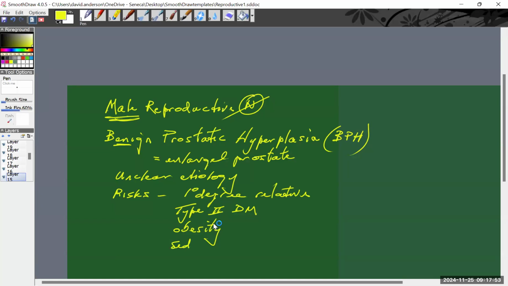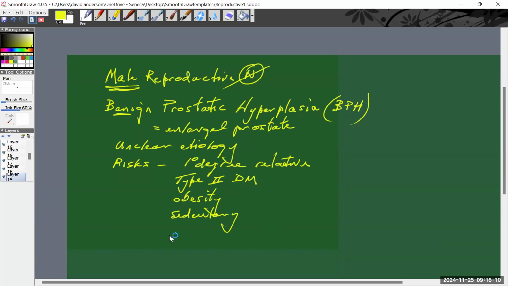Sedentary lifestyles, the conditions that are related to pre-diagnosed type 2 diabetes, like glucose intolerance or insulin resistance, a poor lipid profile, those sorts of factors. We could summarize all of that up with what is sometimes described as metabolic syndrome.